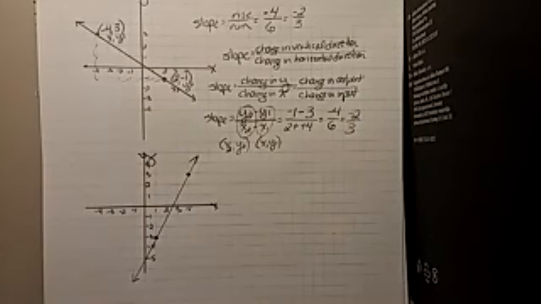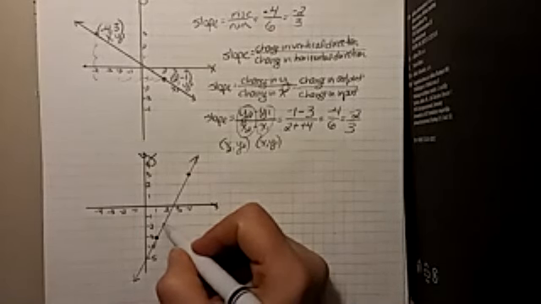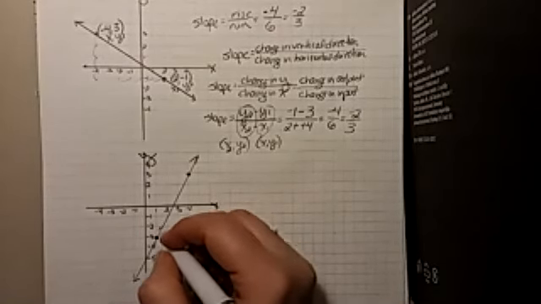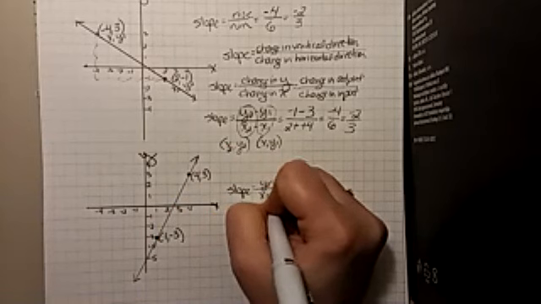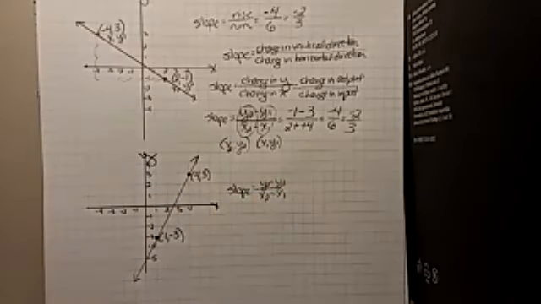Let's do it with this other graph that I have here, except this time we won't do the rise and run. We're just going to jump right into this formula. This is the ordered pair 1, -3, and this is the ordered pair 4, 3. If I use this new concept of slope as y2 minus y1 over x2 minus x1, first let's label.